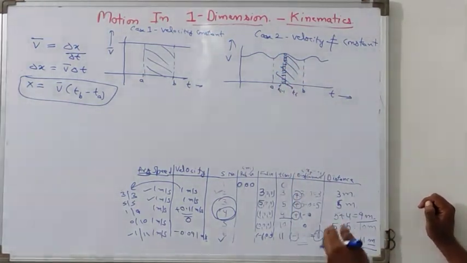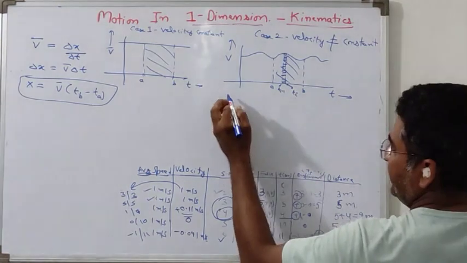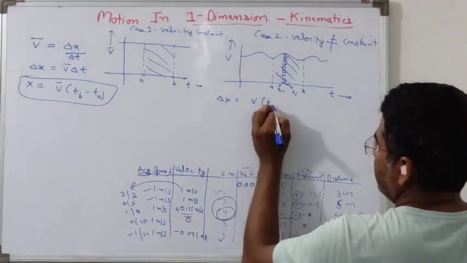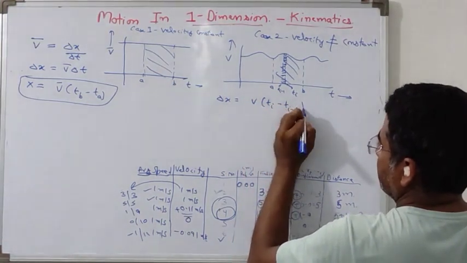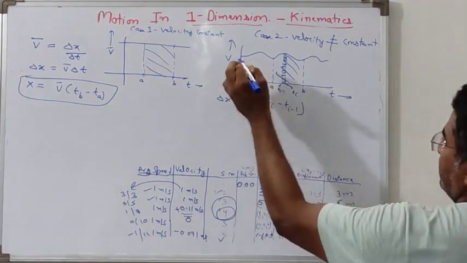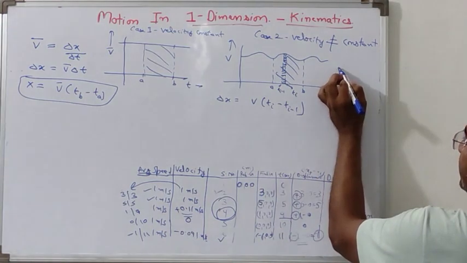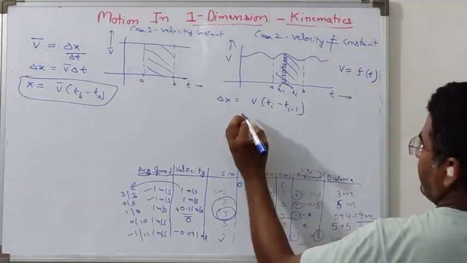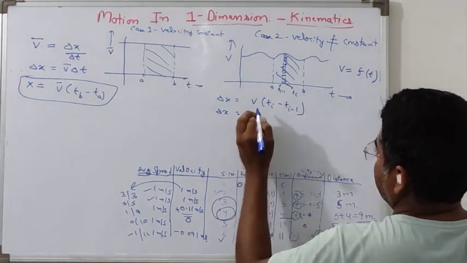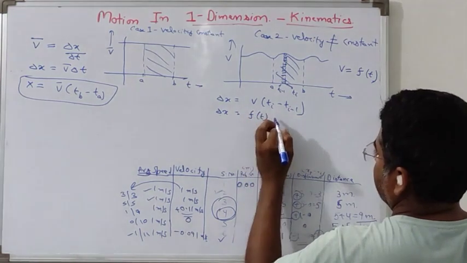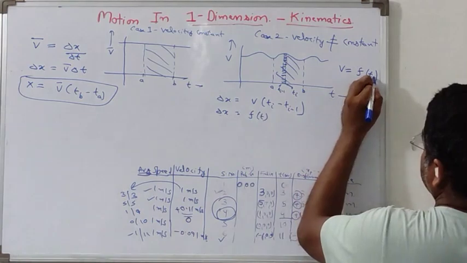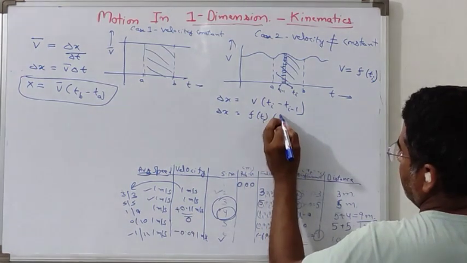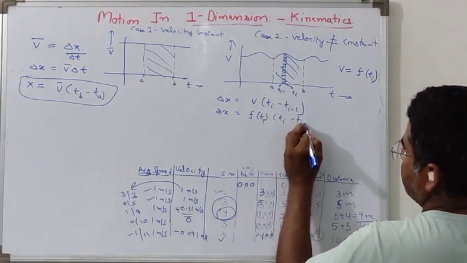So we can again consider this small strip to be a rectangle, and we can write that delta x is equal to v into (ti minus ti minus 1). As we have said that velocity is not constant, it is some function of t. So we define a function v is equal to f(t). So here we can write the area of this strip will be f(ti), because we need it at this point, into (ti minus ti minus 1).